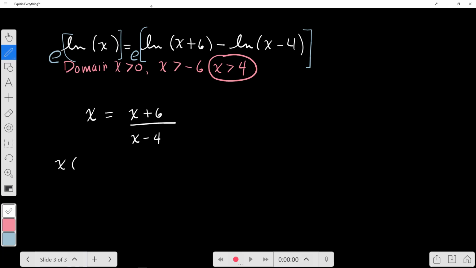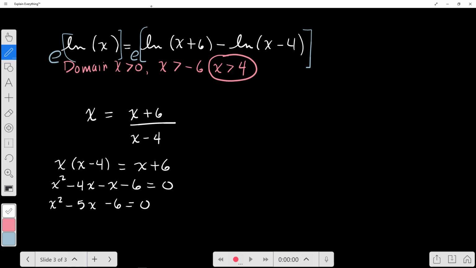To solve this, I multiply the x minus 4 to the other side. I get x squared minus 4x. Let's move everything to one side, and that gives me x squared minus 5x minus 6 equals 0.